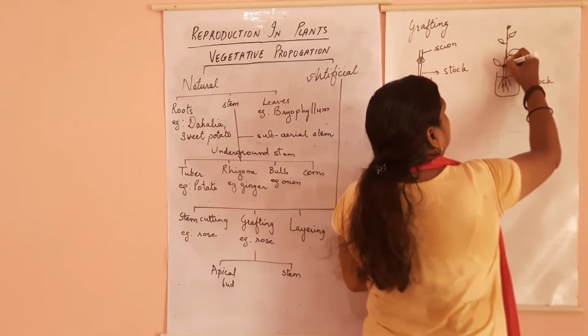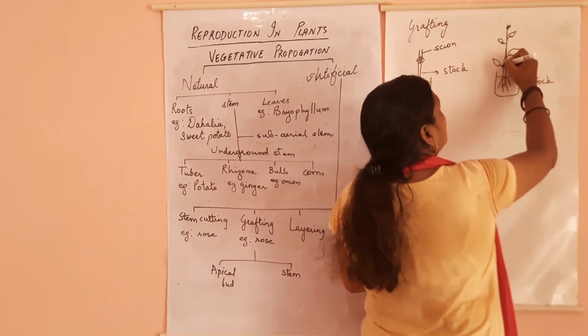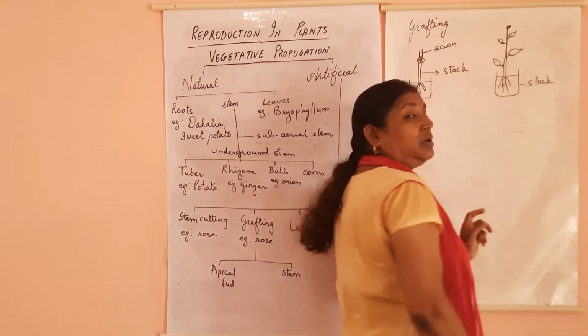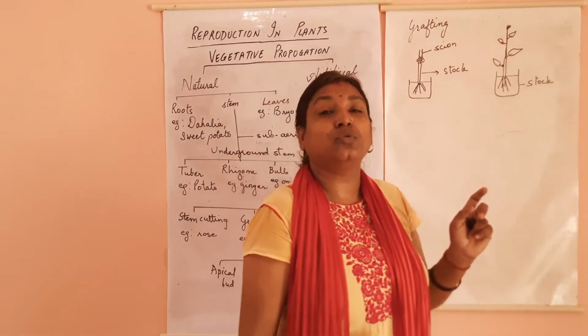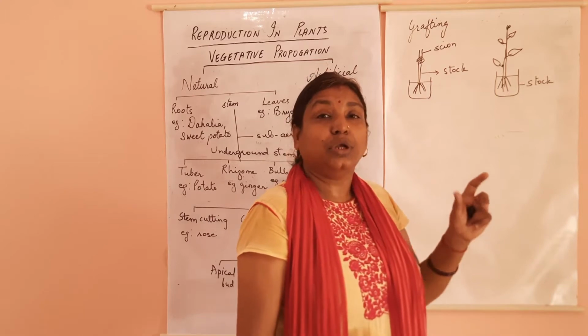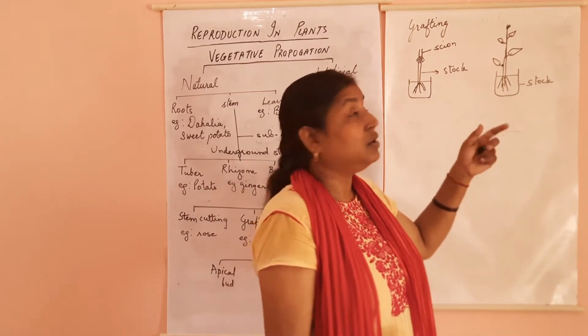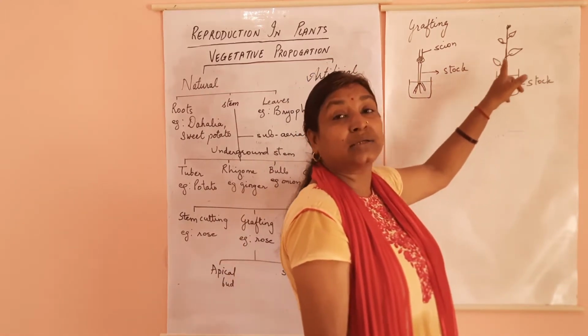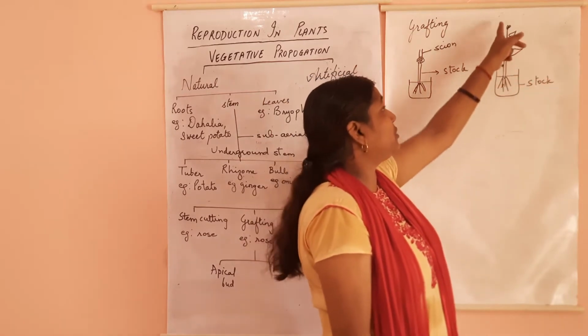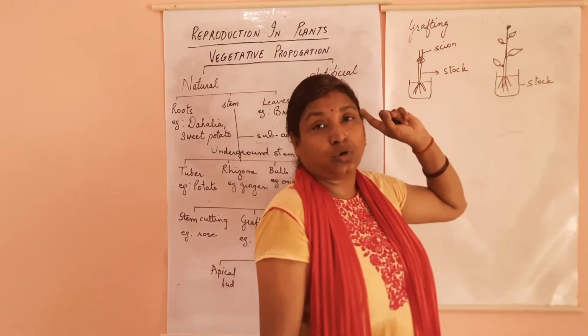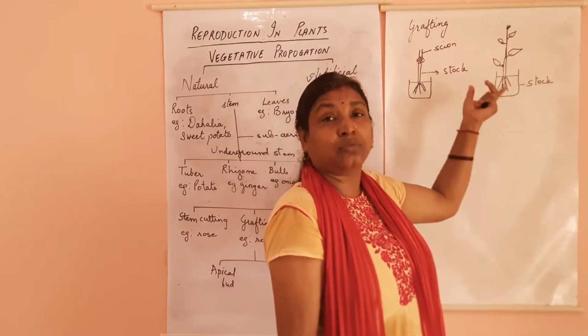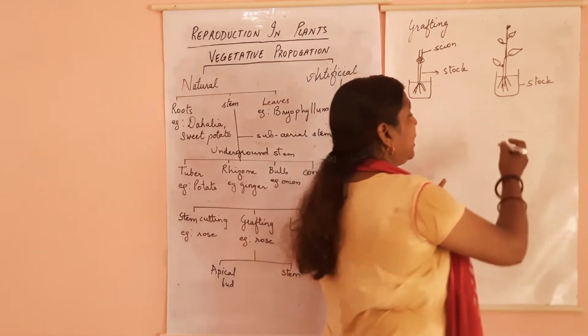So in the axil, that is between leaves and stem, small axillary buds are there which develop into new branches. So in grafting of apical bud, we take these axillary buds either from the tip or from the node part from the axil.